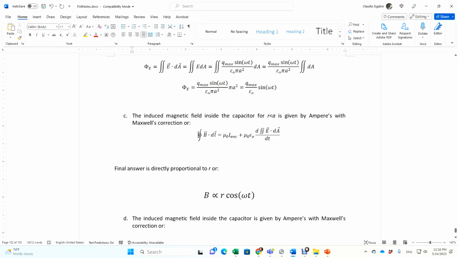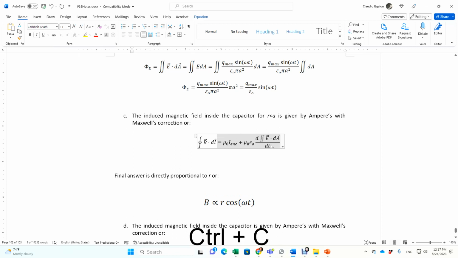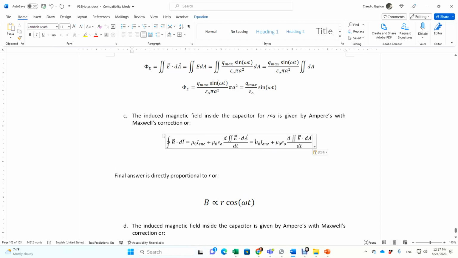Step-by-step solution. Inside that gap within the capacitor, we have no physical current whatsoever. Consequently, the enclosed current is going to be zero. We have just the displacement current. There's no wire connecting one plate of the capacitor to the other, because if you had this wire, the capacitor would be discharged, right? And it wouldn't behave like an actual capacitor.